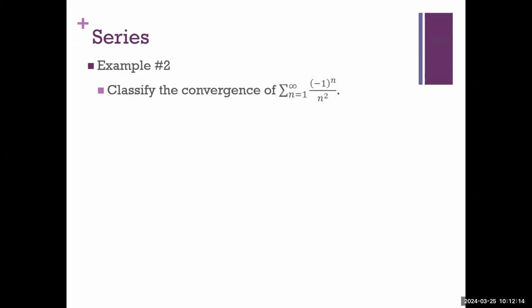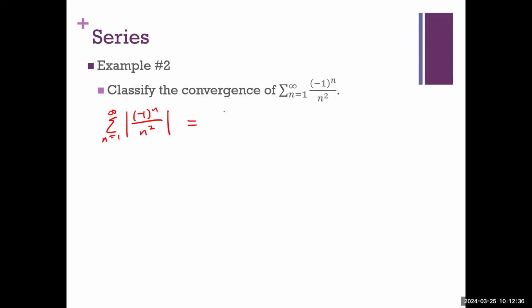Absolute convergence? Okay. So then I am not going to look at the series as written. I'm going to look at this series instead. The sum from 1 to infinity of the absolute value of the thing I gave you.